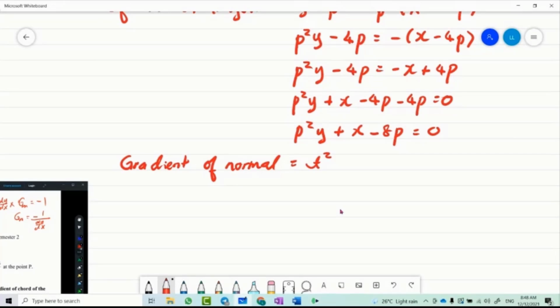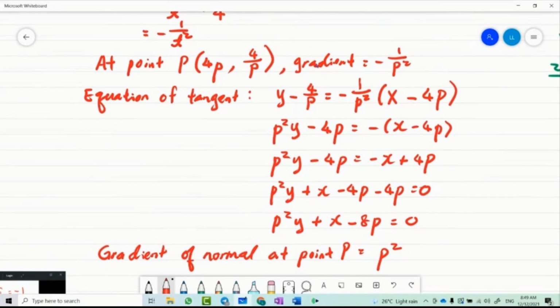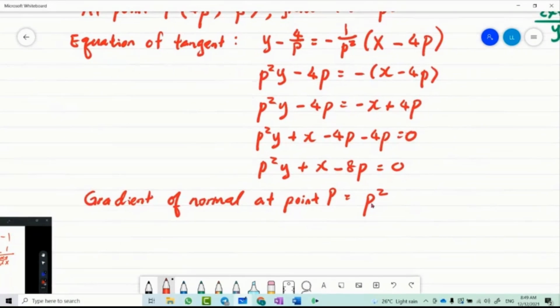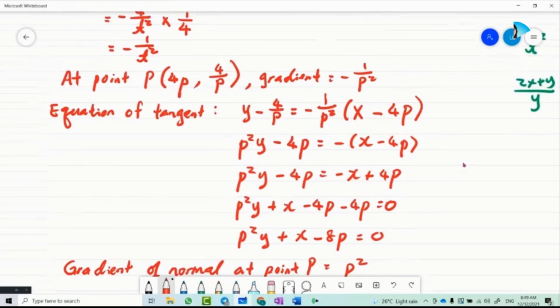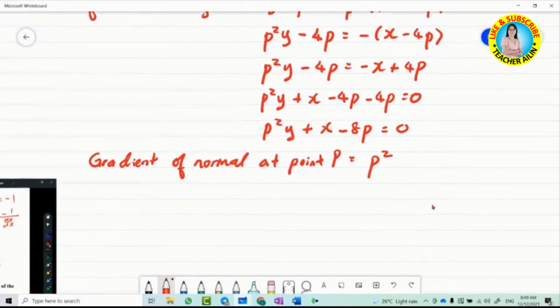Okay, so ataupun you nak tulis gradient of normal at point P. So you terus guna P. Masa tu tak payah. So if you use t, dia cuma general saja. Okay, at the special point, normal at P kuasa 2. Kita ambil dari sini. Okay, kalau point P, dia P pula.